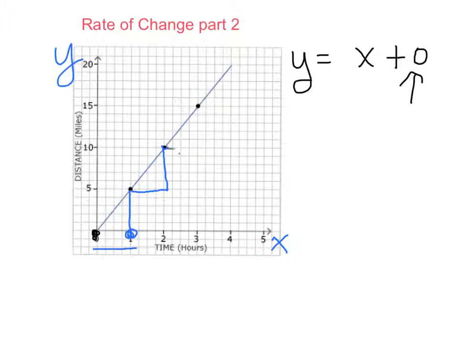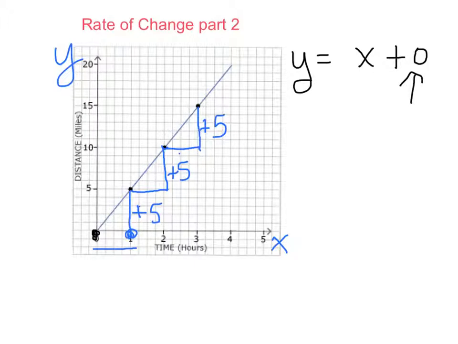So it looks like every time x increases by 1, the value of y increases by 5. If this was a tile pattern, it's increasing by plus 5 in the y direction. It's not a tile pattern, it's a graph of something traveling, but it's still the same idea. The increase is 5 for every 1 hour.